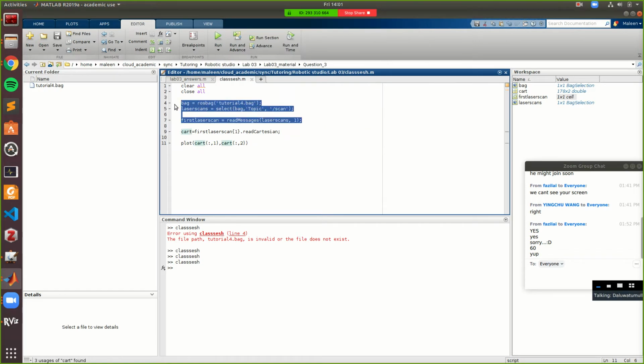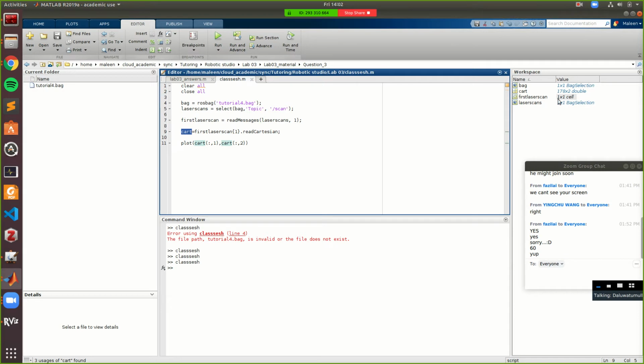So these three things are basically identical to the question number 1 that we did, where we loaded a ROSBAG, read a topic, read the message. This read Cartesian is kind of like the read images function that we use for reading images, except here you're taking the range values and converting it into Cartesian form so we can plot them and understand them, right?